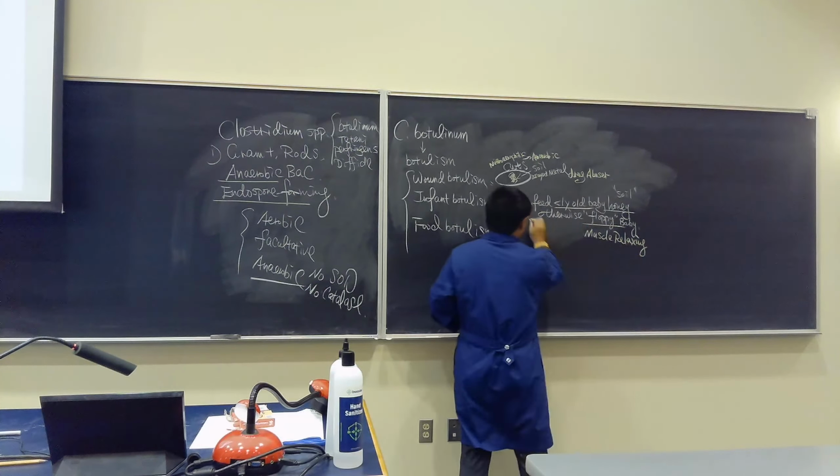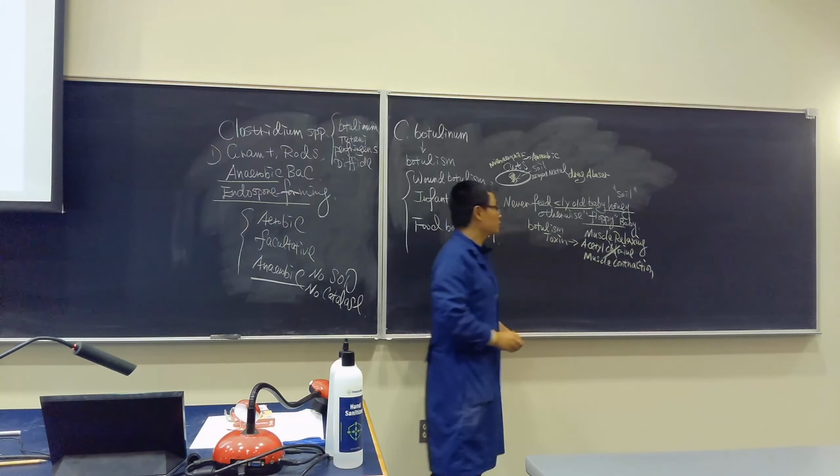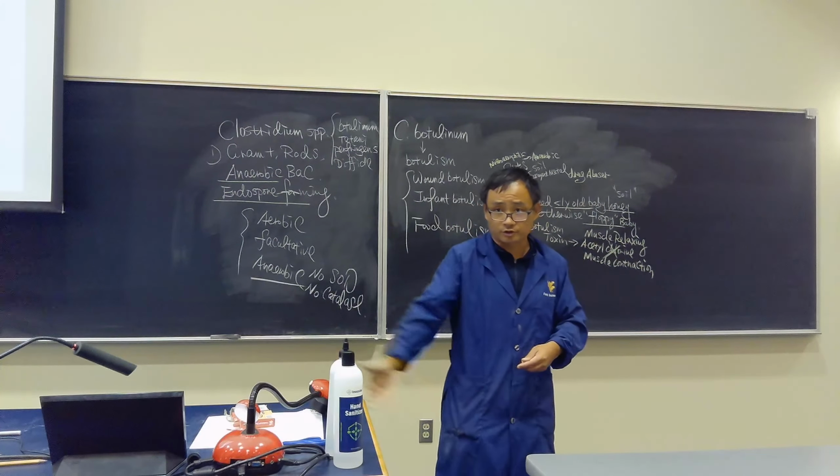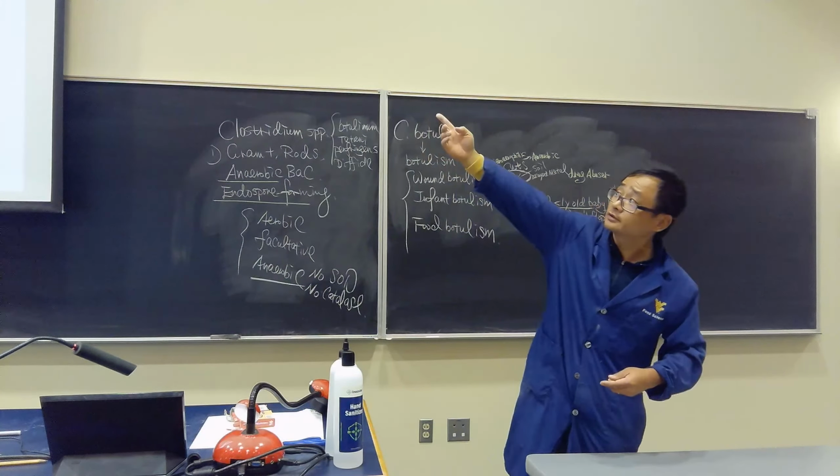And acetylcholine is responsible for muscle contraction. So, if this is gone, you cannot contract the muscle, then the muscle is always relaxed. So it looks like that. That's infant botulism. You remember this joke, and you will understand what infant botulism is.